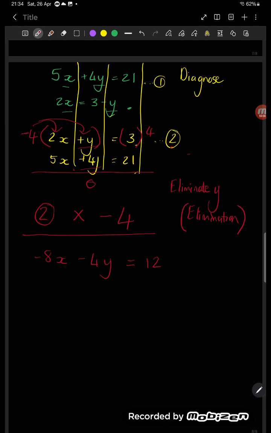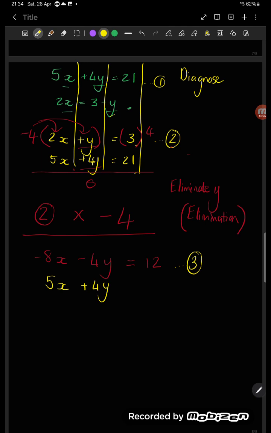Okay, now this is going to become my third equation. Please name your equations, otherwise it gets very messy and difficult for everyone to see. You might lose some signs and some numbers. Okay, I've got a 5x. This is still number 1. I've got a 5x plus a 4y.